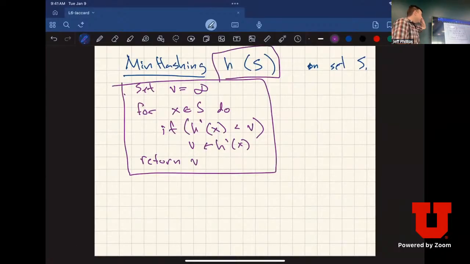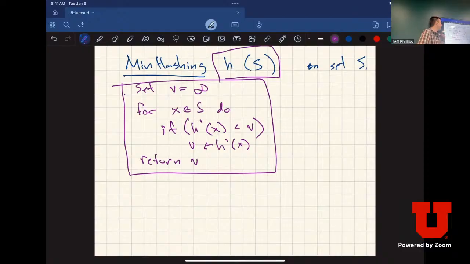So what I'm going to do is go through all the elements of my set, all the k-grams, and hash them with my h prime hash function, which is like my SHA-1 or whatever. It's going to output a value, and I'm going to compare it against some value I'm keeping track of. I set this at infinity, but I'm going to keep track of the minimum value of all the elements I hash. And this will be my representative.